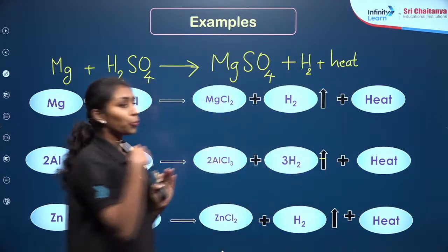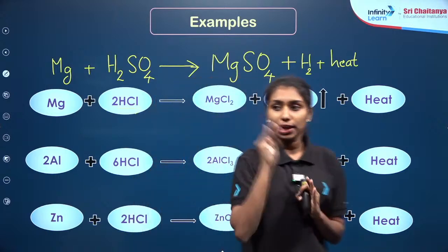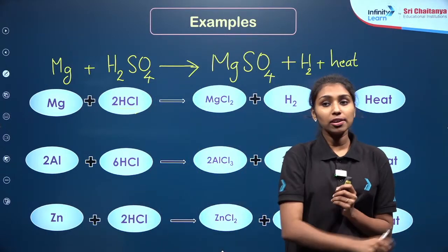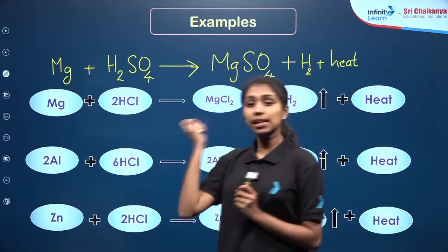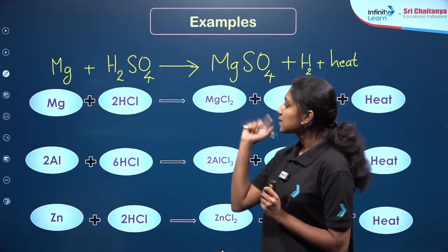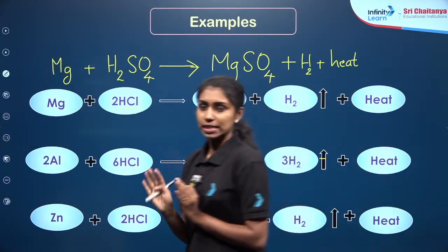Clear? So if you are taking H2SO4 as the dilute acid, we will get the sulfate salt as the product. If you are taking HCl as the acid, we will get the chloride salt as the product. I hope you understand. Clear?